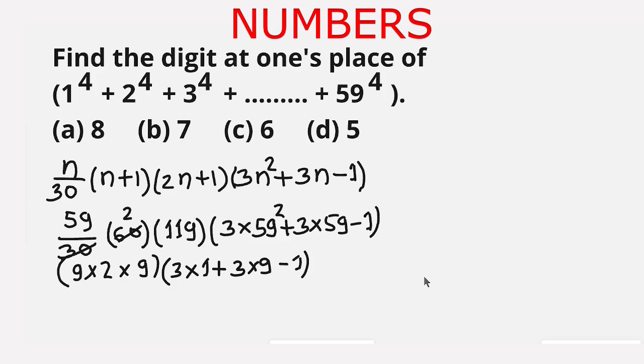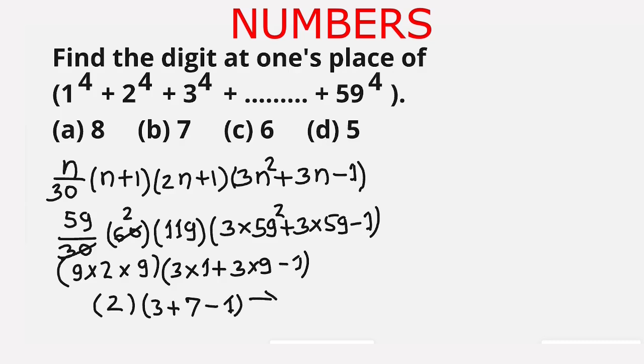9 times 2 is 18, which has unit digit 8, and 8 times 9 is 72. So the unit digit of 9 multiplied by 2 multiplied by 9 is 2, into 3 multiplied by 1 is 3, plus 9 times 3 is 27, which has unit digit 7, minus 1.